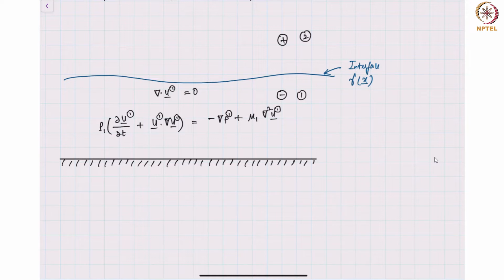Similarly, we have for fluid 2, which I will write in green, del dot u for fluid 2 is 0. That's the continuity equation. Density rho 2 times the inertial terms plus the viscous terms.